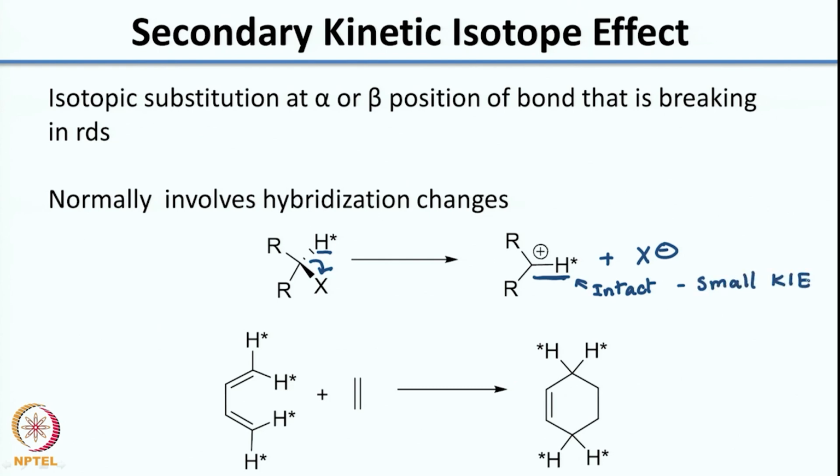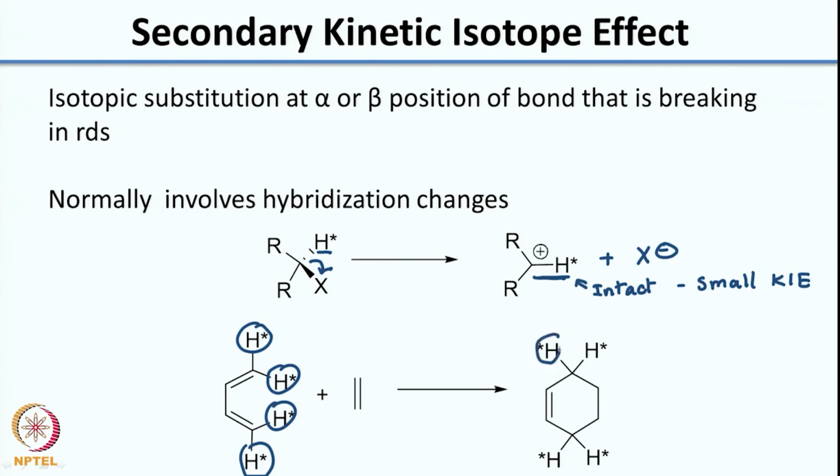So, some of you might be wondering, although this bond is not breaking, why do you see a kinetic isotope effect at all? Because one would assume that okay, this bond is not breaking, so it does not matter whether you put CH or CD. So, the question is, why do you see an effect at all? Another example is here, the second reaction, you have hydrogens that are substituted and this is a concerted process.